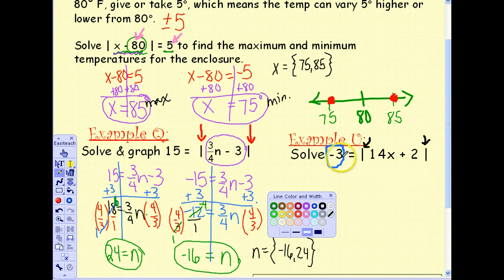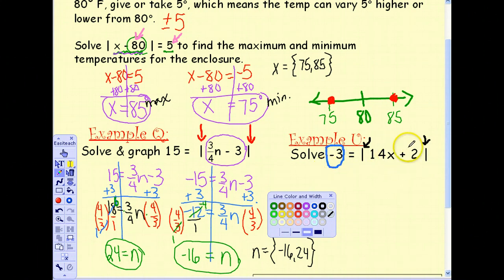That distance can never be negative. All of the other problems we've ever done have a positive absolute value. So there will not be any time that this inside here, if you take the absolute value of it, it will never equal a negative.